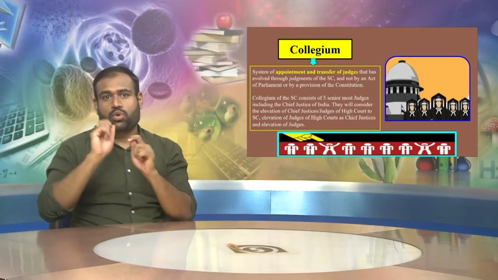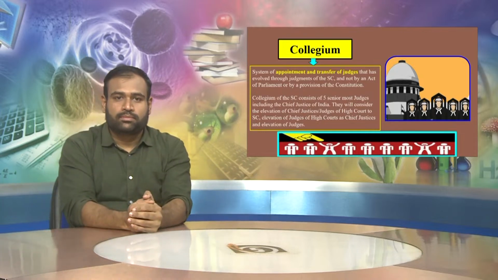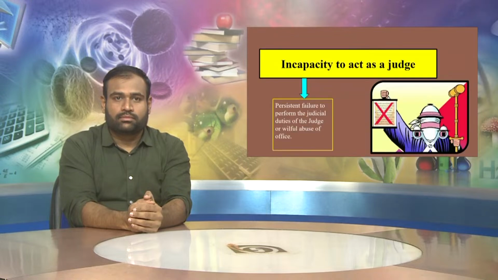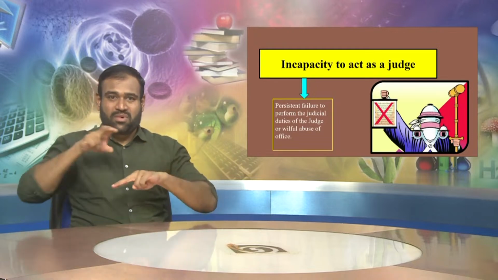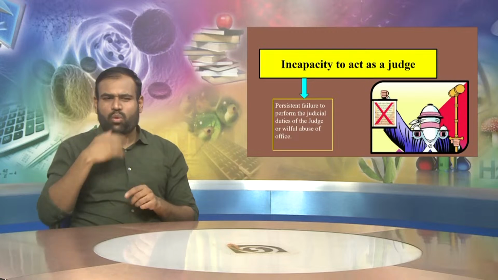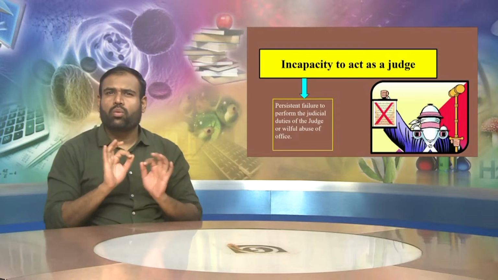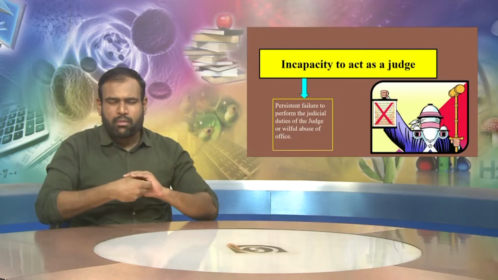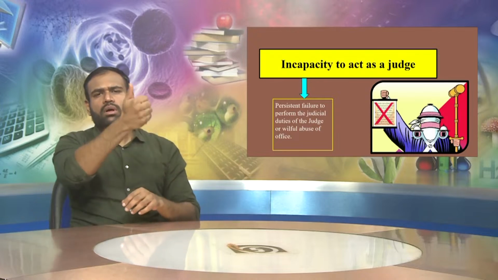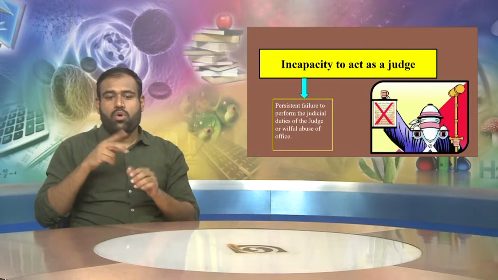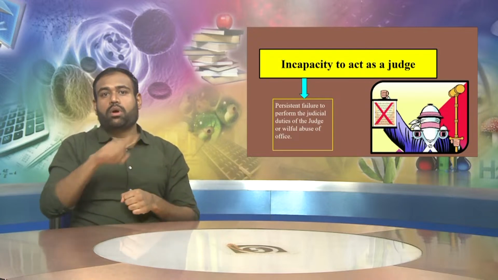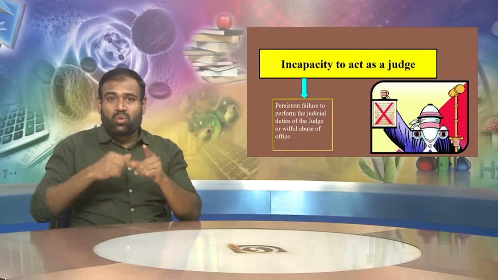The Collegium of the Supreme Court consists of the 5 senior-most judges. Incapacity to act as a judge means persistent failure to perform the judicial duties of the judge or willful abuse of office.